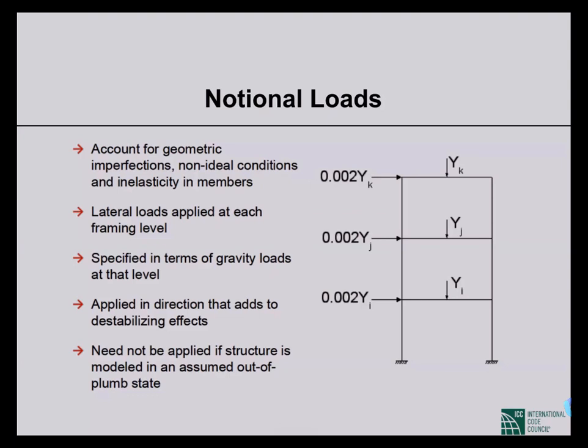And this is a very small amount, only 0.2% of the vertical gravity load. So at each level, say level i, the lateral load at that level will be 0.002 Yi, and like that. These notional loads are actually to account for geometric imperfection and other types of non-ideal conditions.